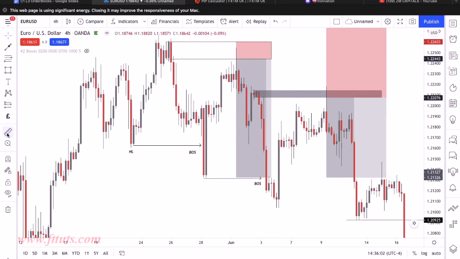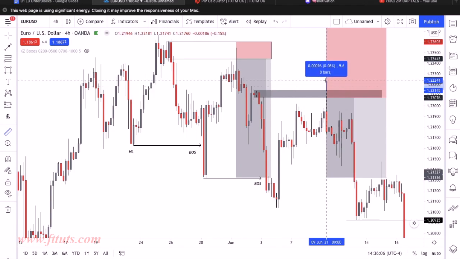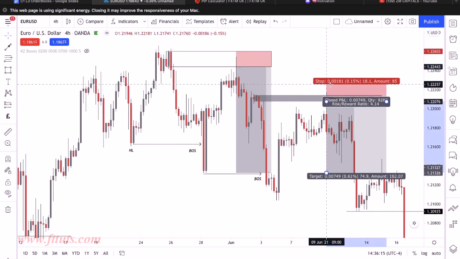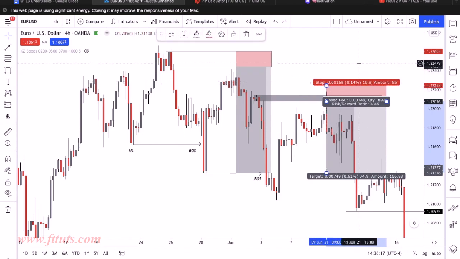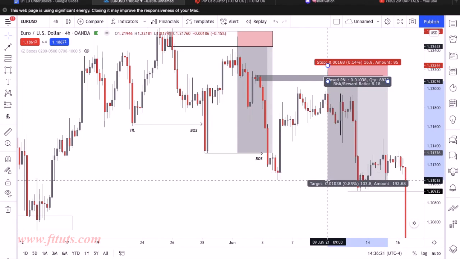So if we mark out 10 pips above this, that would be right over here at 222.44. Cool. So we'd have our stop loss at 222. There we go. We'd have our stop loss here, and we'll again target these lows, right?